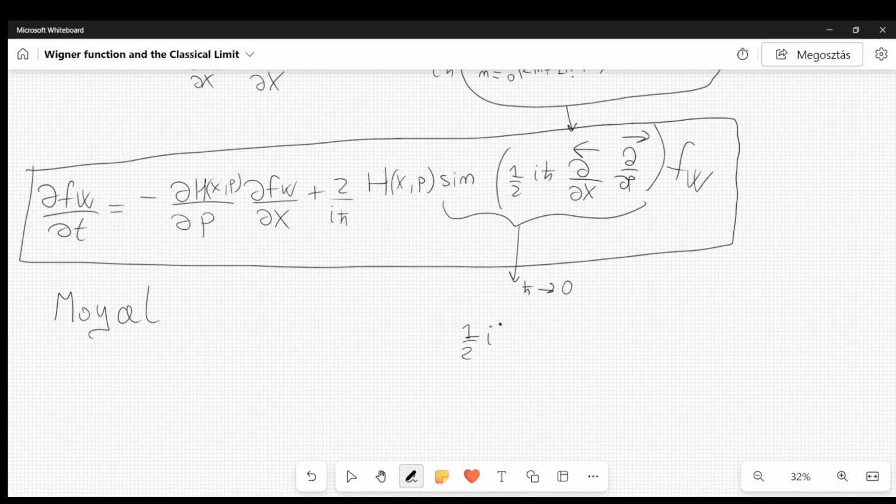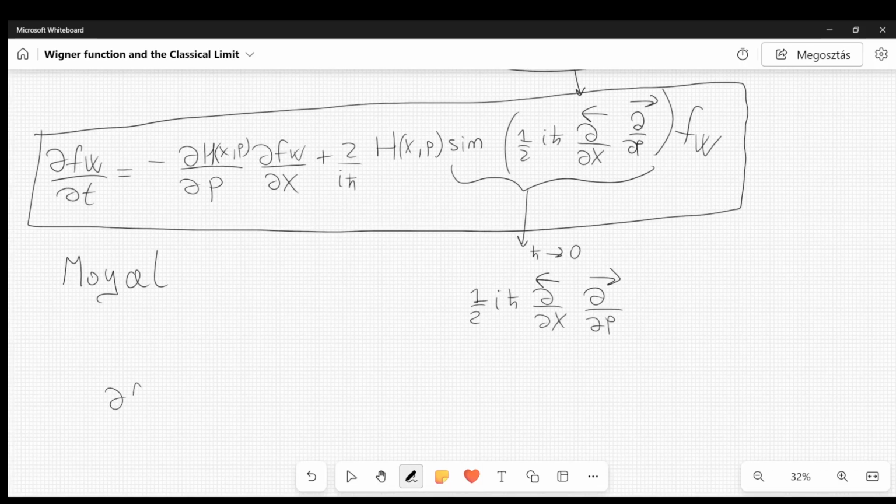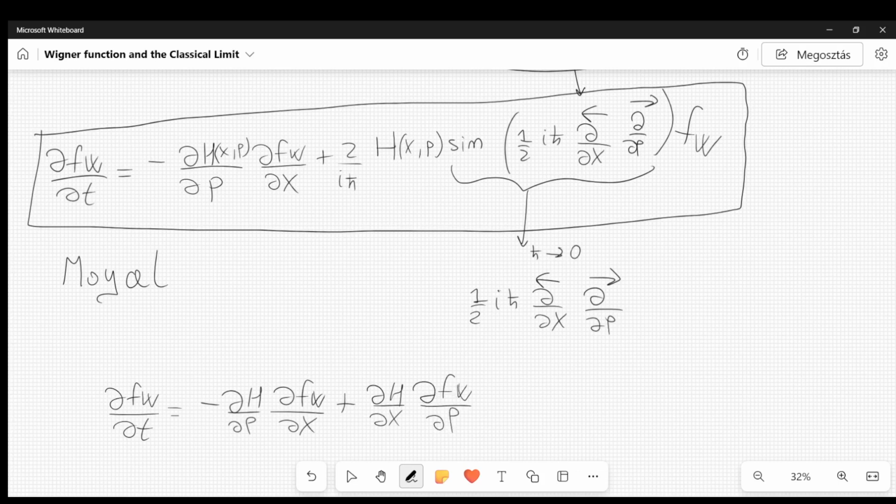So we have 1 over 2 i h bar, then we have the derivative acting on the left and the derivative here acting on the right. But this i h bar over 2 will cancel this 2 over i h bar. And what we are left with in the classical limit is this: minus the derivative of h with respect to p, derivative of Fw with respect to x. Then we have plus derivative of h with respect to x, derivative of Fw with respect to p.